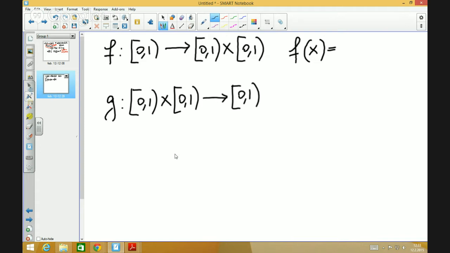It wants to spit out a pair of points now. I say always spit out, but anyway, functions are very polite. They don't spit out. They just output, produce a result. But spit out sounds good every now and then.